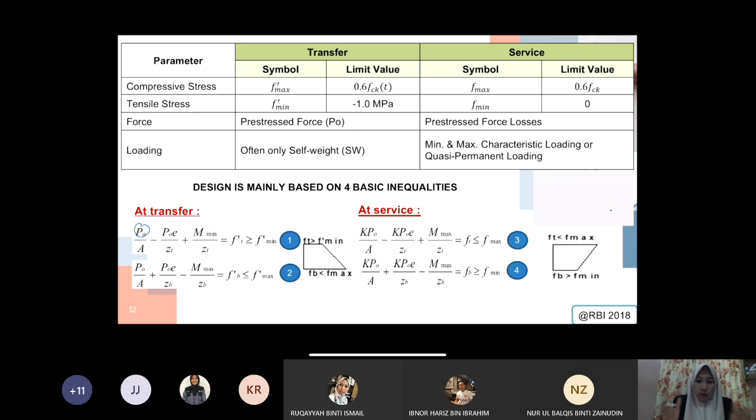Means we choose. The Magnus diagram gives you a range, so you have to choose what will be your pre-stress force value that you want to use for your pre-stress beam.